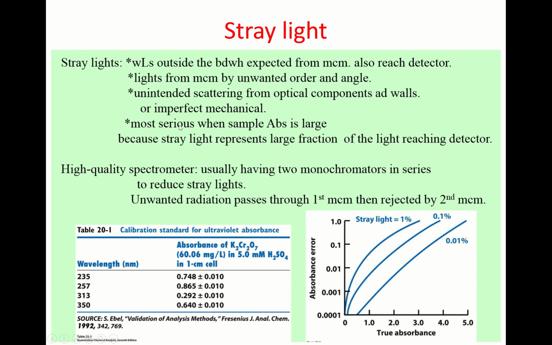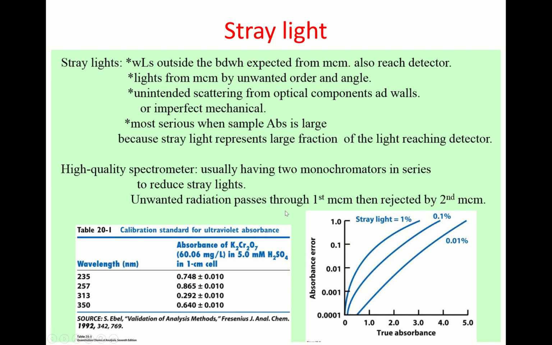It is most serious when sample absorbance is large, because the stray light then represents a large fraction of the light reaching the detector. So a high quality spectrometer usually has two monochromators in series. You select with the first one, and then more accurately select with the second monochromator. These monochromators have the function of reducing stray light.